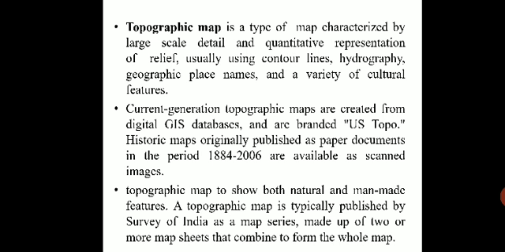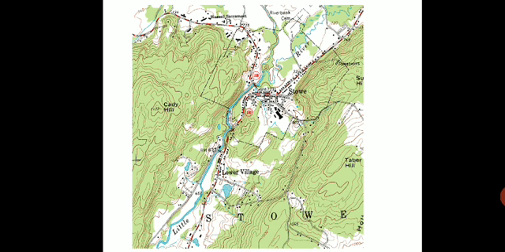So what is a topographic map? It is a type of map that is characterized by large scale details and a quantitative representation of the relief, that is the slope, usually using contour lines, hydrography, geographic place names and a variety of cultural features.